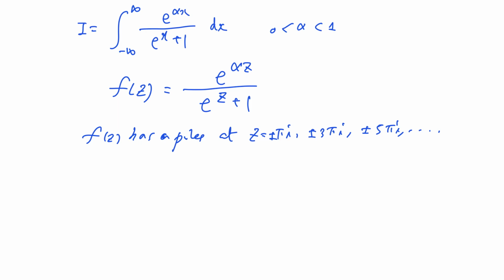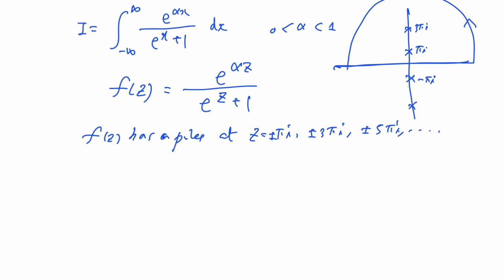So we can actually choose pi i, 3 pi i. So we can choose the contour in the following way: C1, CR. So let's say C is composed of C1 plus CR.